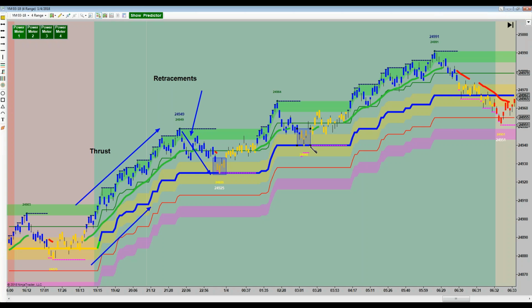Right here. So when we say in the live room, for any instrument, it doesn't matter what it is, I am looking to get long on a pullback around the mid-band on YM, somewhere around 925.